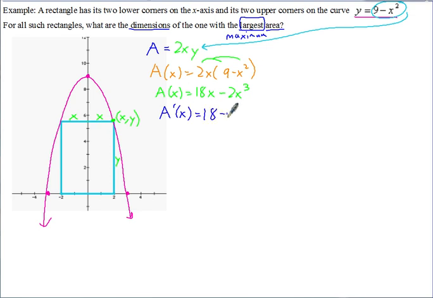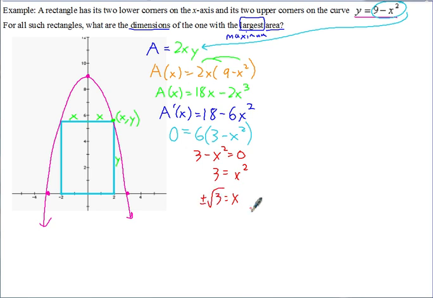That's 18 minus 6x squared. Set that equal to 0. Factor out the 6. You're left with 3 minus x squared. So if you set that equal to 0, you add over the x squared, you get x equals plus or minus the square root of 3.